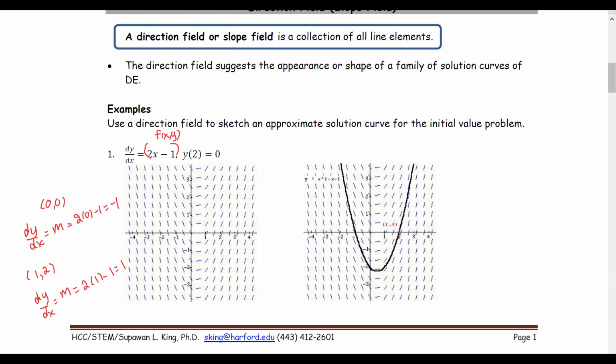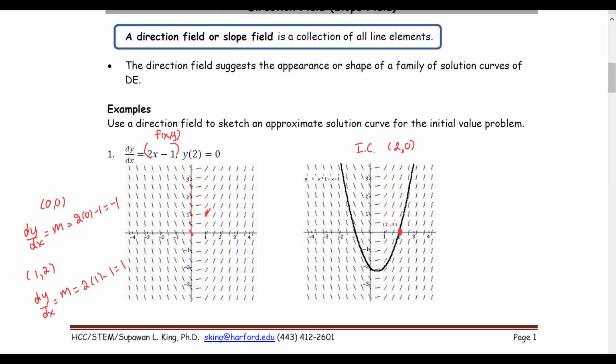So let's look at the slope field provided. At the point 0, 0, as you see, the slope m is negative 1. And at the point 1, 2, the slope is positive 1. The initial condition is at the point 2, 0, which is the x-intercept right there.